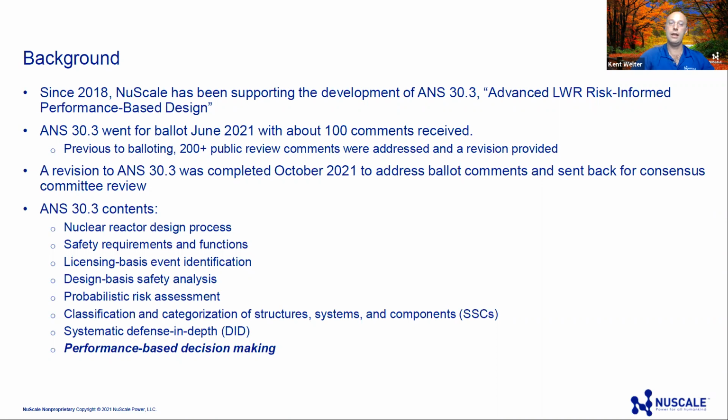The contents of the standard have about a dozen sections. It talks about the nuclear design process in general to set the stage. It's a process-based standard. The next section defines a process for identifying safety requirements and functions, using systems engineering best practices.